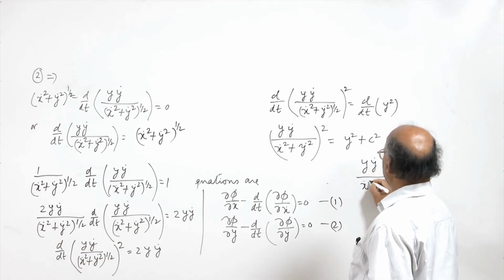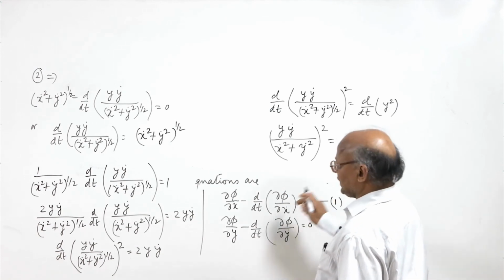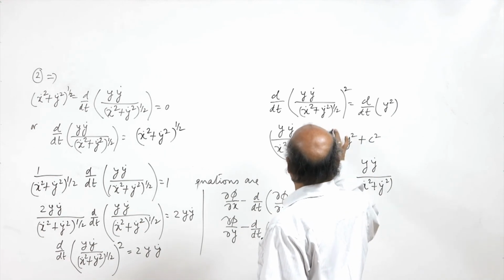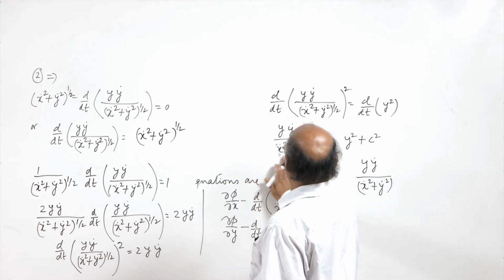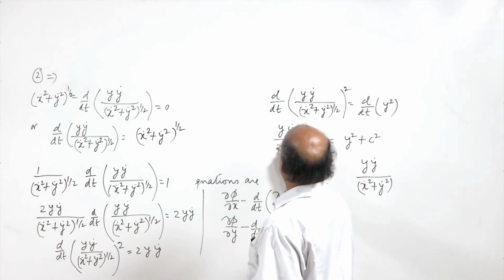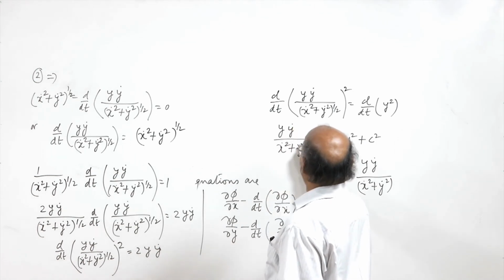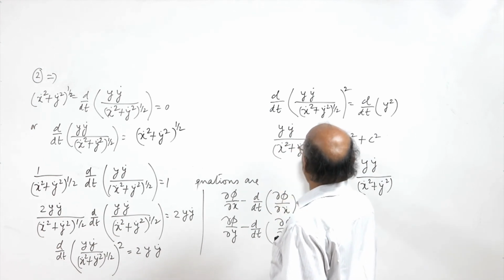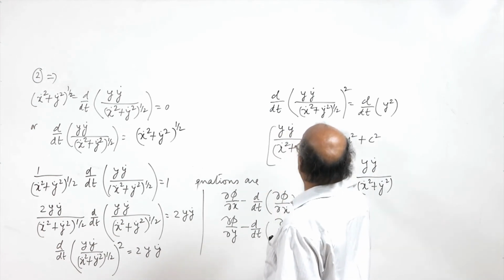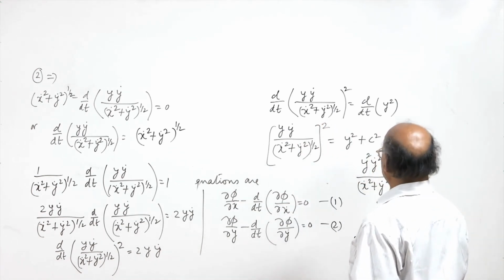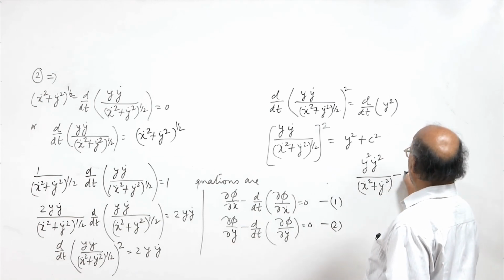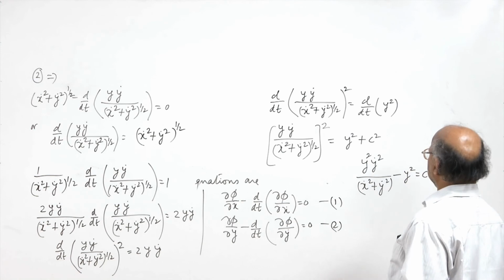So what we will get: y y dot upon (x dot square plus y dot square) to the power half, whole to the power 2. So what we will get: y square y dot square upon x dot square plus y dot square minus y square equal to c square.